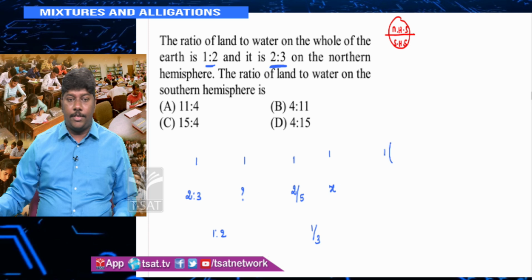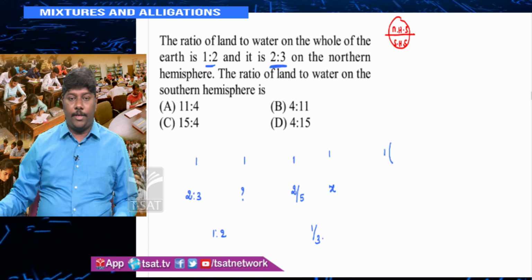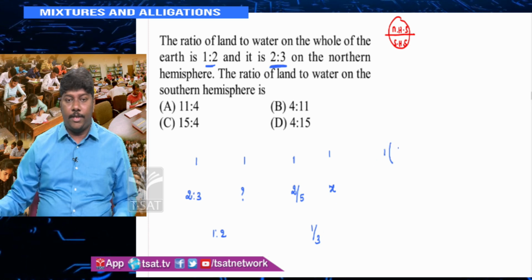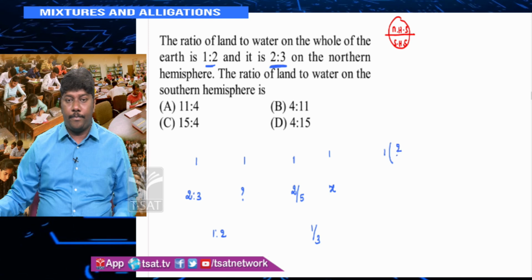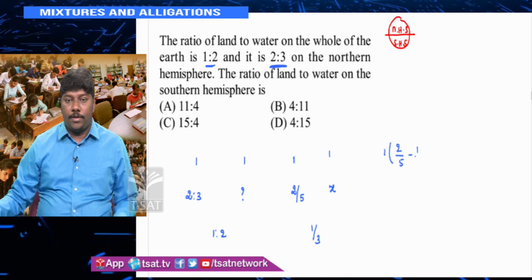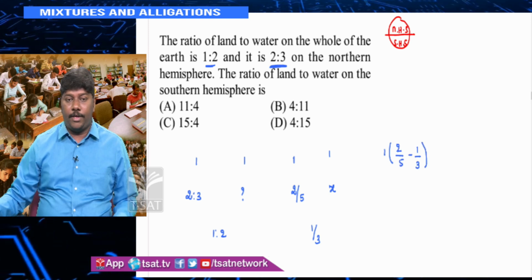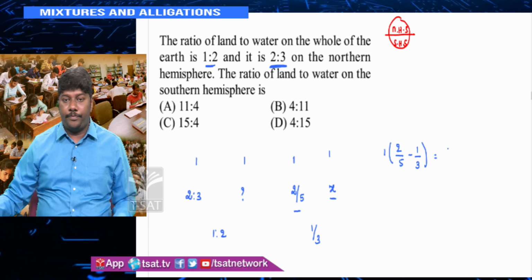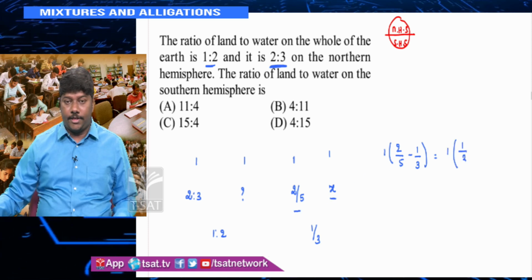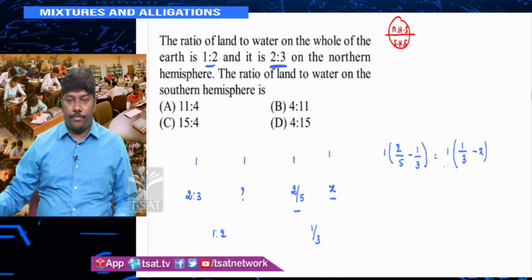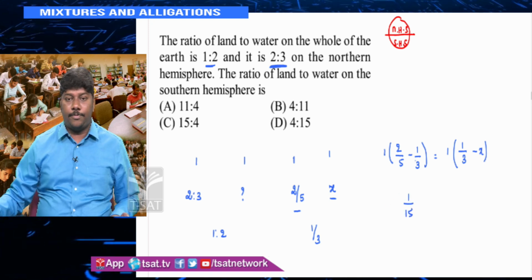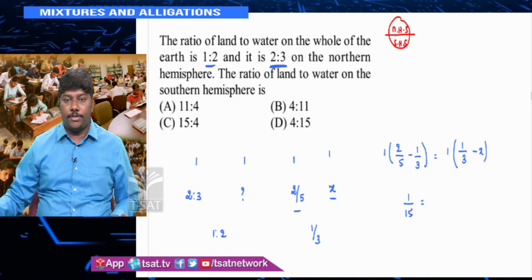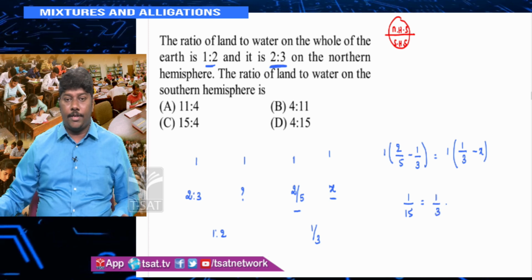1 into the difference is 2 by 5, 1 by 3. So 2 by 5 minus 1 by 3 gives me 6 minus 5, which is 1 by 15, equals, if 2 by 5 is more, x must be less, 1 by 3 minus x. 1 by 15, because 6 minus 5 is 1, 1 by 15 equals 1 by 3 minus x.